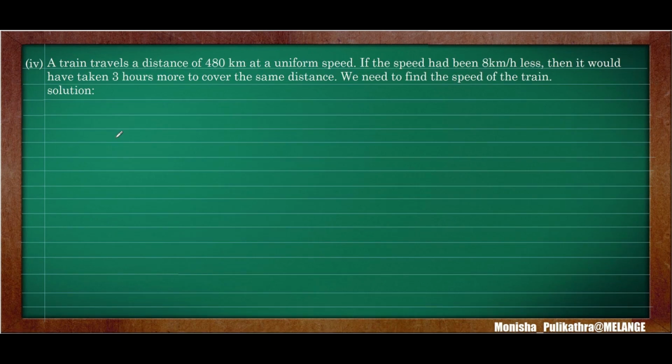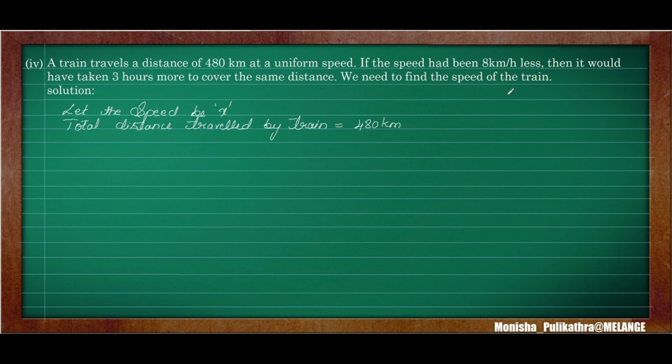Moving on to the last sub question of this session. A train travels a distance of 480 km at a uniform speed. We don't know the value of the speed here, so let the speed be x. The total distance traveled by the train is equal to 480 km.